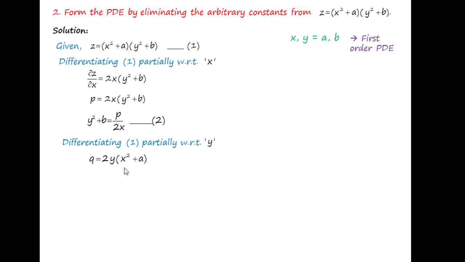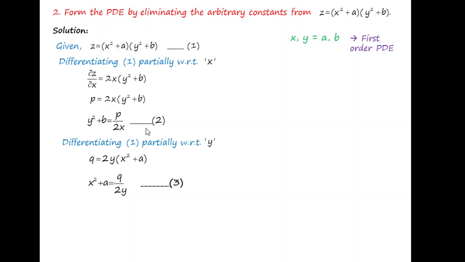Write it as it is, into the differentiation of y squared plus b, which is 2y, because differentiation of y squared is 2y plus the constant differentiation becomes 0. So q is equal to 2y into x squared plus a. Again take 2y to the other side to get the value of x squared plus a. So x squared plus a is equal to q divided by 2y, numbered as equation 3.